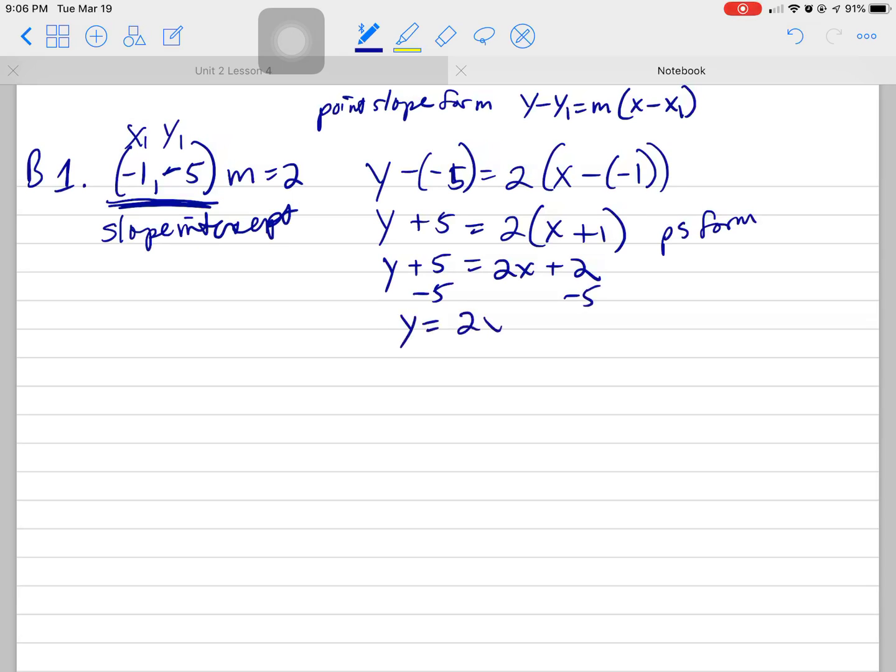Y equals 2x minus 3. Did I do that right? I did it wrong on the key though. Sorry, let me fix that.